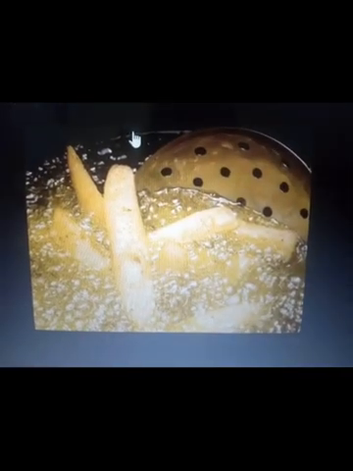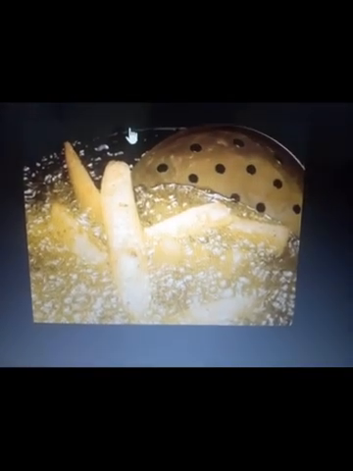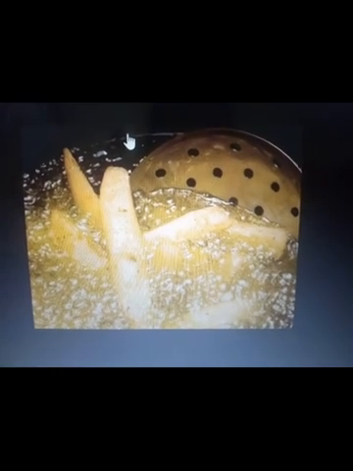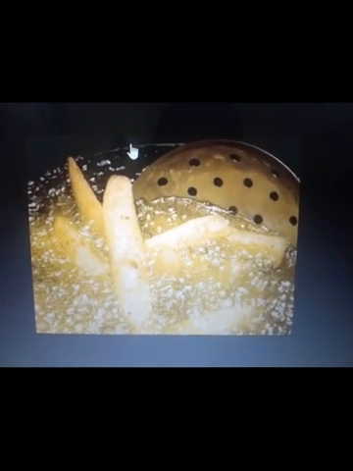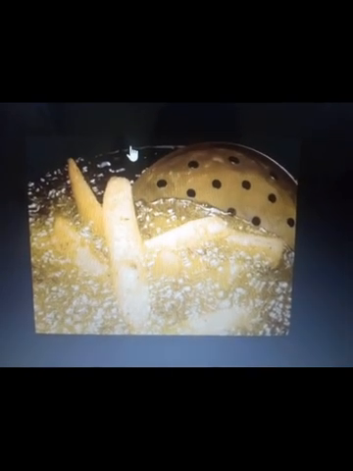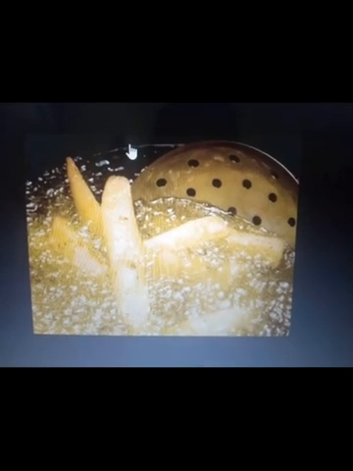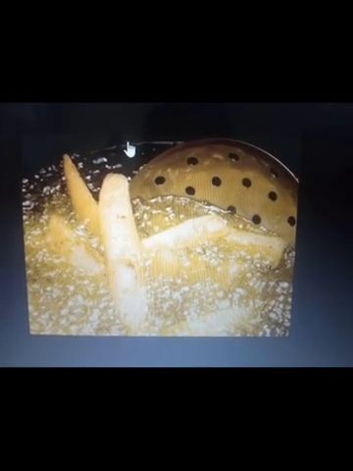This is an example of deep frying because in it you can see a lot of oil. So in deep frying, food is cooked in a lot of oil. For example, pakoras, french fries, puris. This is an example of shallow frying.